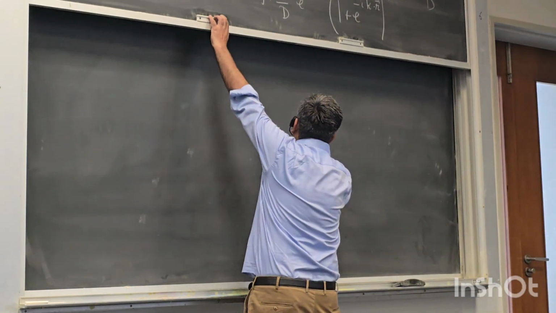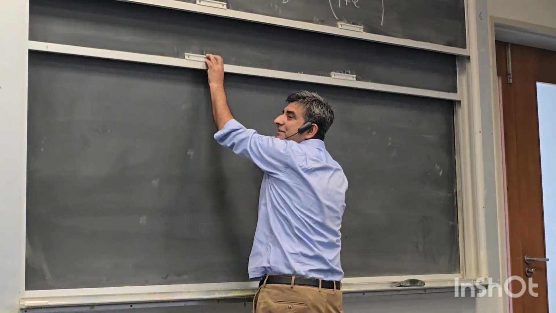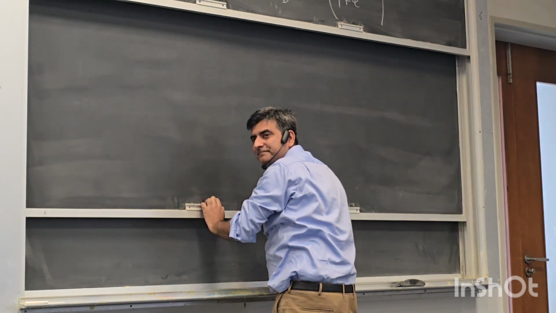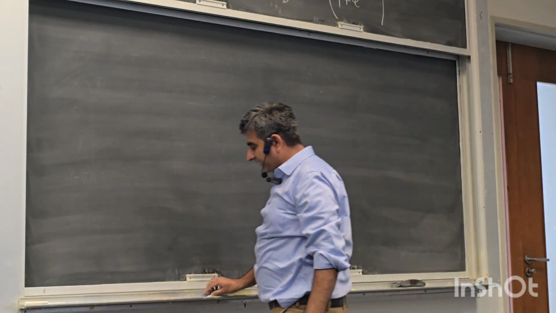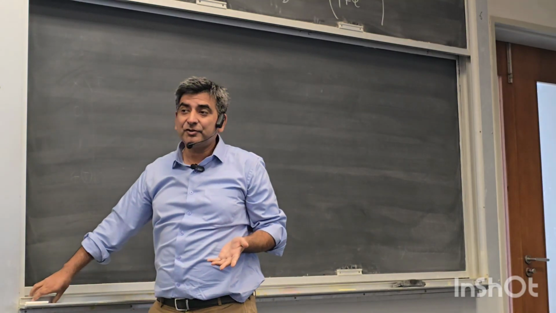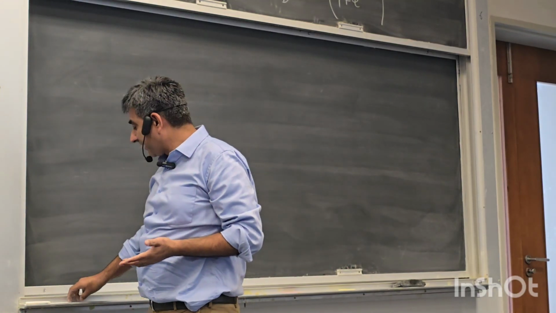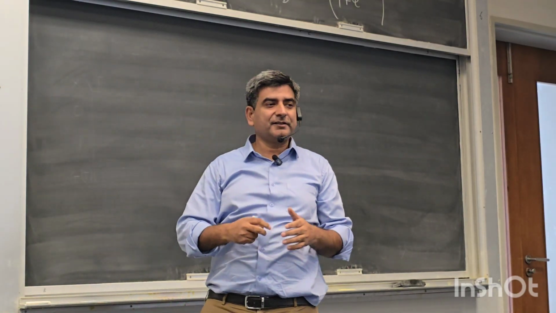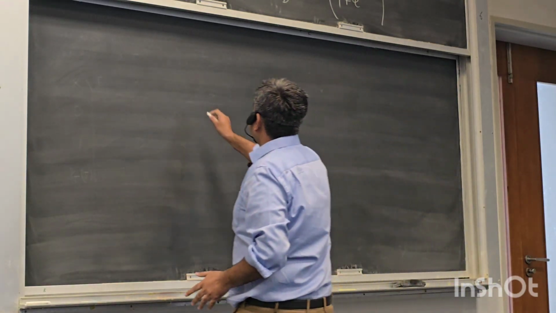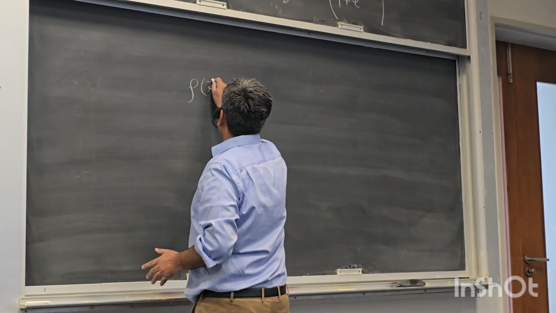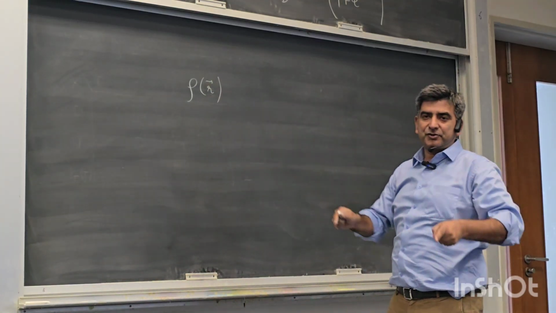Now let's consider an atom which has a continuous distribution of electrons. We know what the wave function of an electron cloud inside an atom is. That wave function has a certain probability density, rho(r), the modulus square of the wave function of the electron.